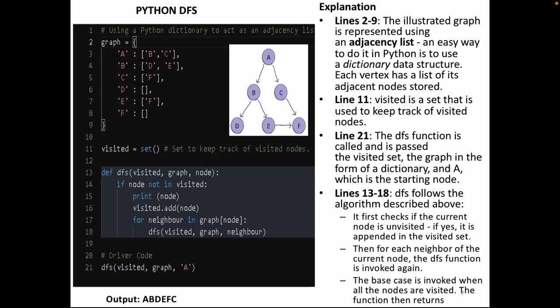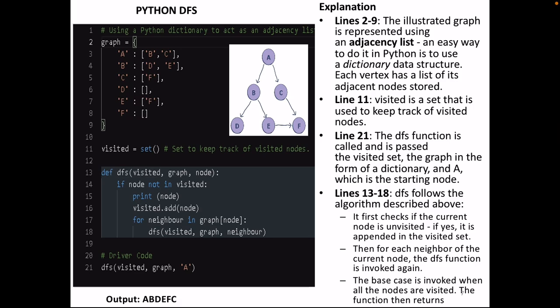And here is the algorithm, so we can see that we have the graph like this, and lines from 2 to 9 represent the adjacency list. This list is common in Python to use.